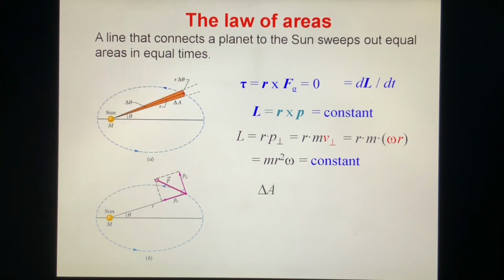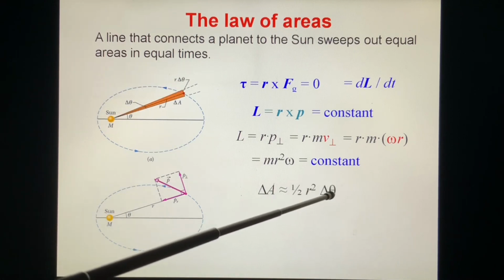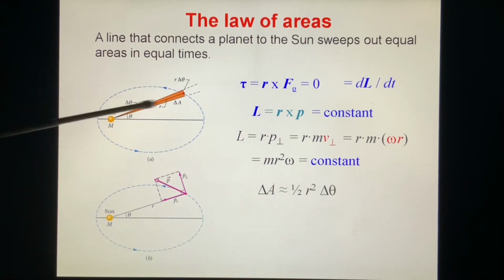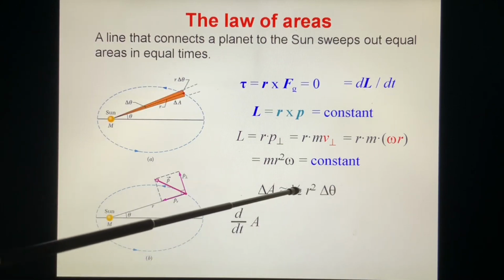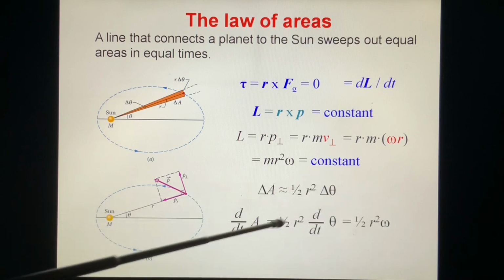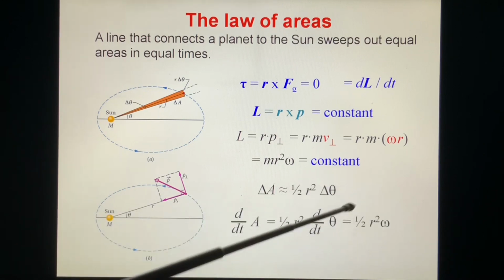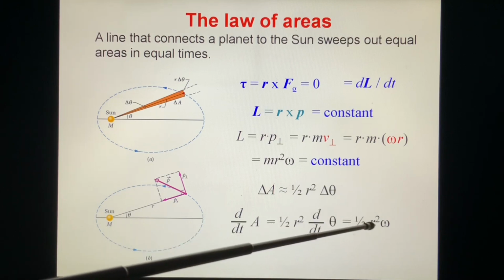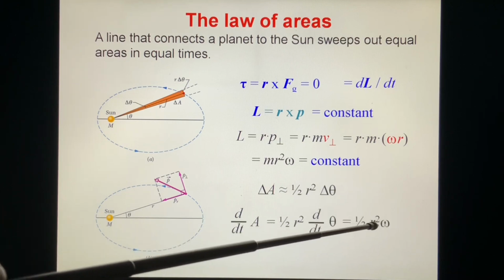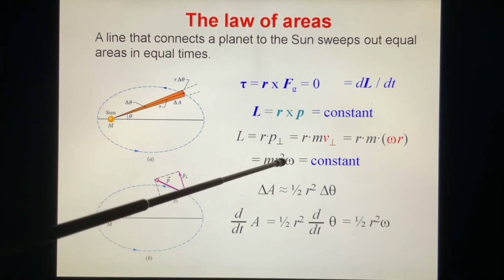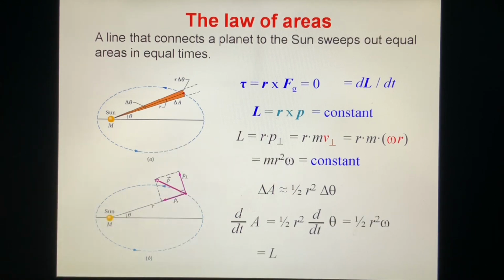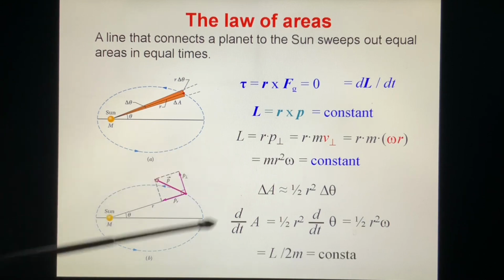So delta A equals half r squared delta theta. Then the rate of change is divided by delta t, so dA/dt equals half r squared d theta/dt. d theta/dt is omega, so that equals half r squared omega. And r squared omega equals L over m. So that proves dA/dt is a constant.